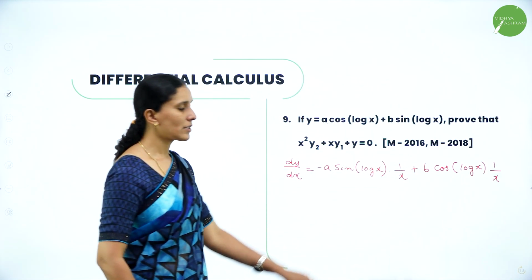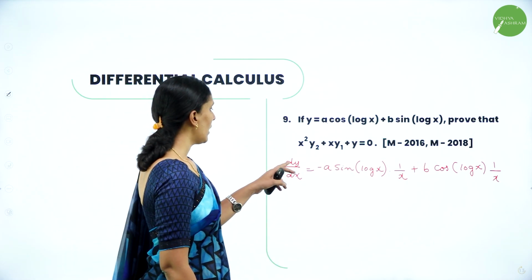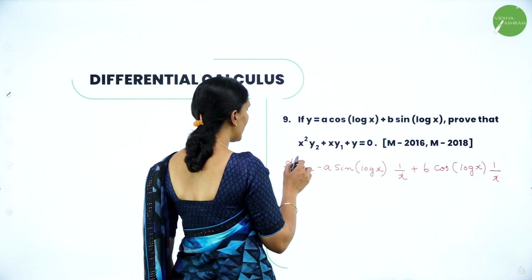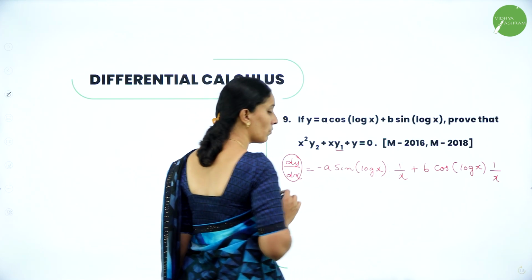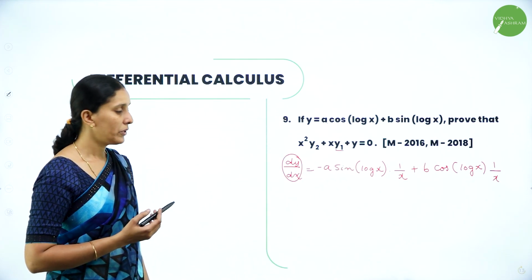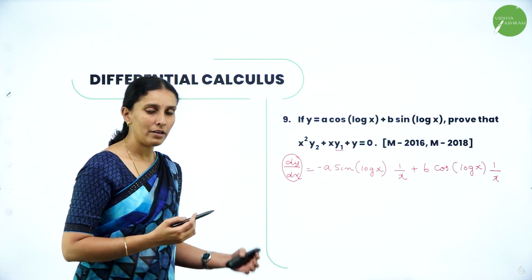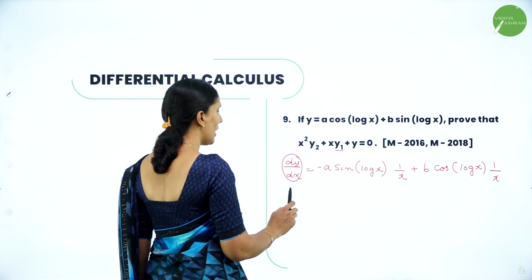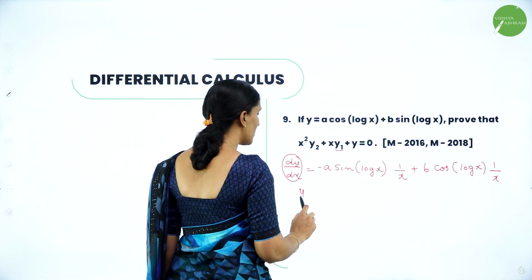Now to remove x from the denominator, I can multiply x throughout the equation. Before that, dy by dx can be written as y1. Another method to denote dy by dx is y1, and d square y by dx square can be written as y2.